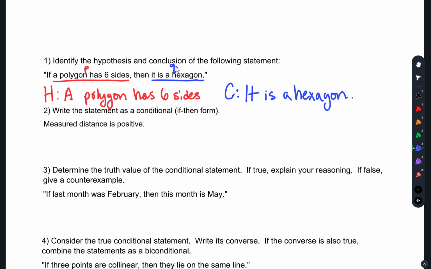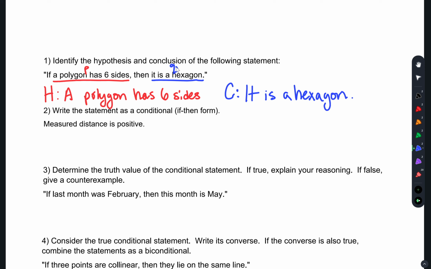We have P and we have Q. Number 2, write the statement as a conditional in the if-then form. Measured distance is positive. How would we write this in if-then form? Anybody want to give it a try? No one's brave.